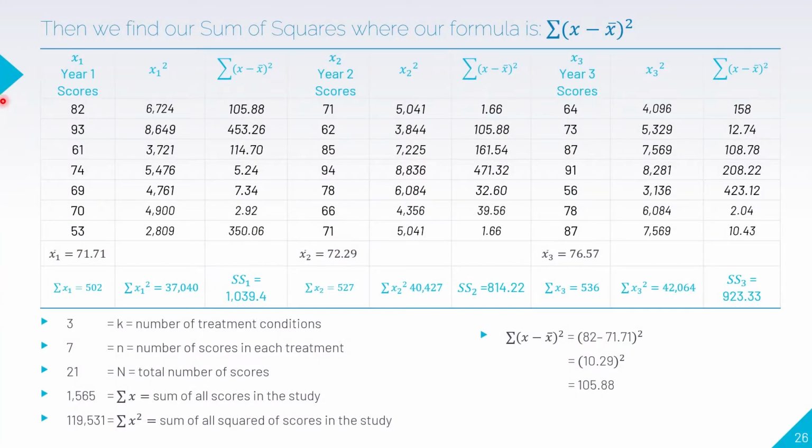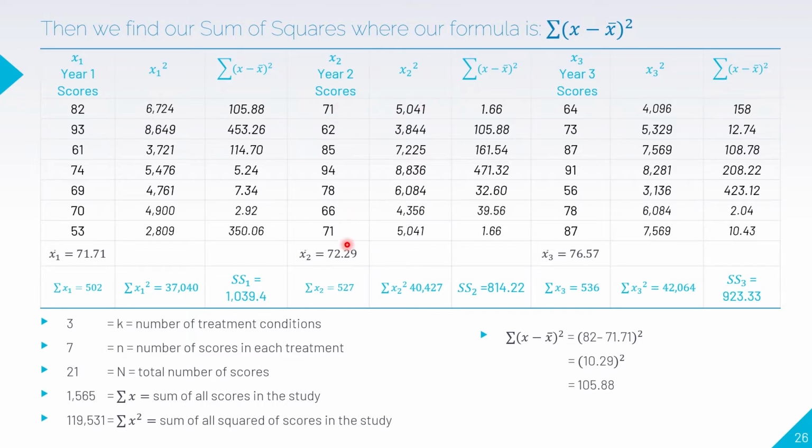Now that we have found our means, let's find our sum of squares, where our formula is the summation of x minus x-bar, our mean, squared. So 82 minus our mean, 71.71, we have 10.28. Squaring it, we have 105.88. Let's do the same for the rest, square them, and add, and now we have our sum of squares.